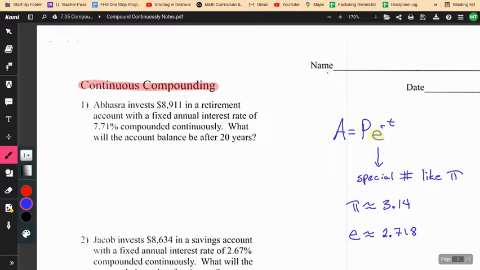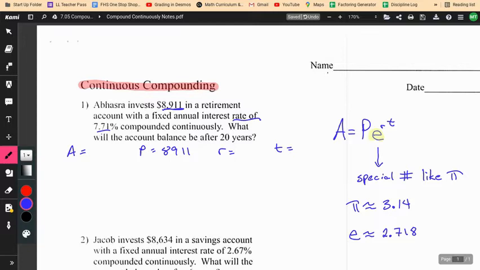So I still read my problem. In this case, I still organize my final amount, initial amount, my rate, and my time. So now there's only 4 variables I need to account for. And so then I just read. We invest $8,911. So if we're investing that, that's my initial investment, with an interest rate of 7.71%.